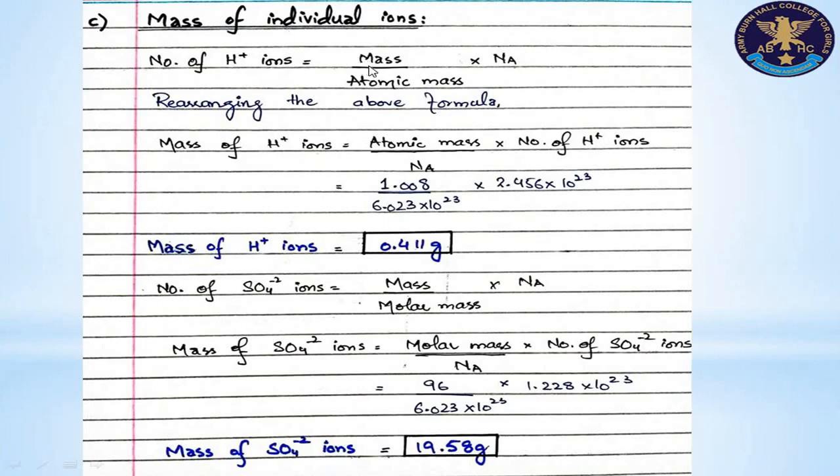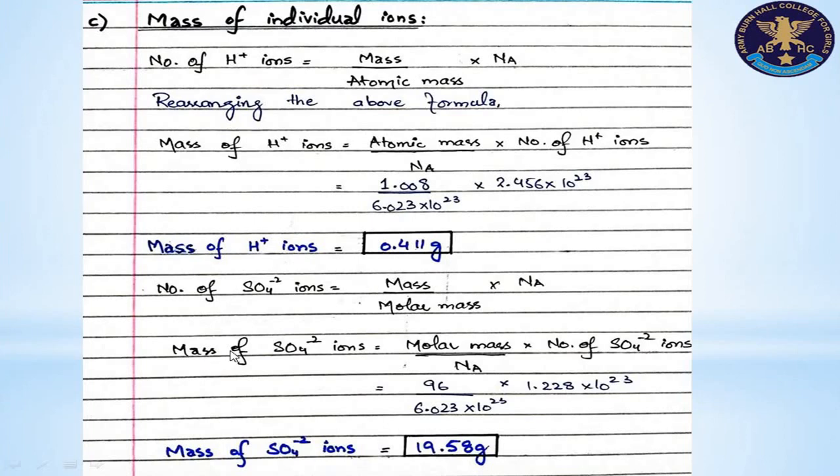But here we have to calculate the mass of the individual ion, so we rearrange this equation: cross multiply the atomic mass with the number of hydrogens divided by Avogadro's number. After putting in all these values, we get the mass of hydrogen ions, which is equal to 0.411 gram.